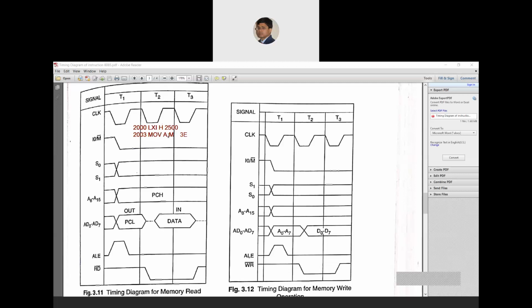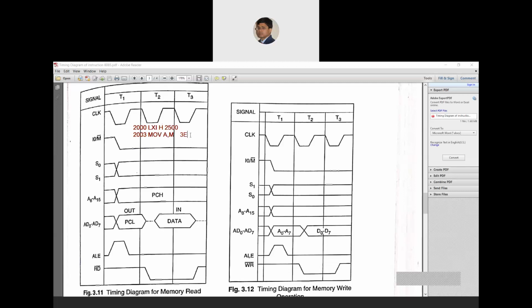You are writing at 2003. That is read by which operation? Operation is opcode fetch operation. So opcode fetch operation from the address 2003, the hex code 3E reading operation is done.